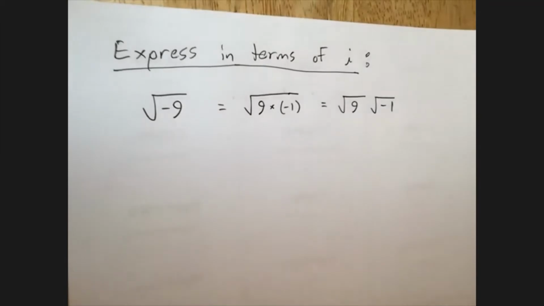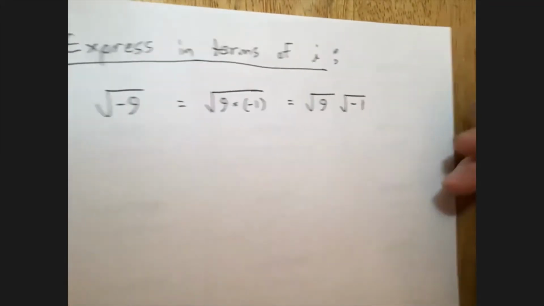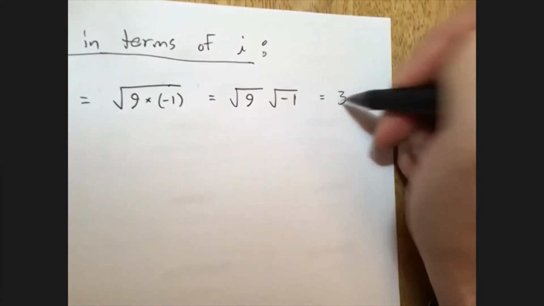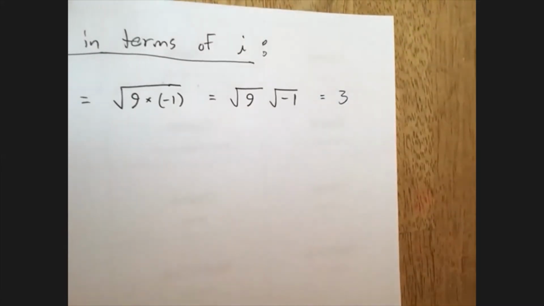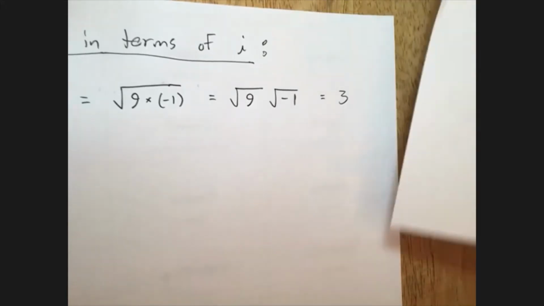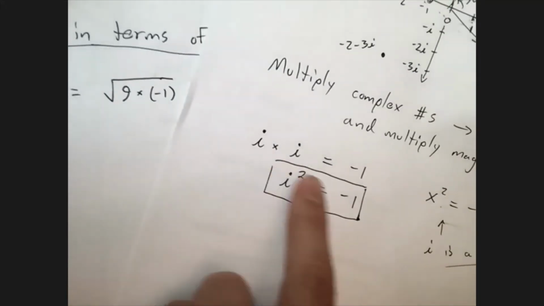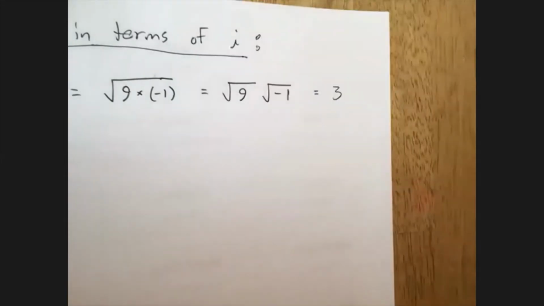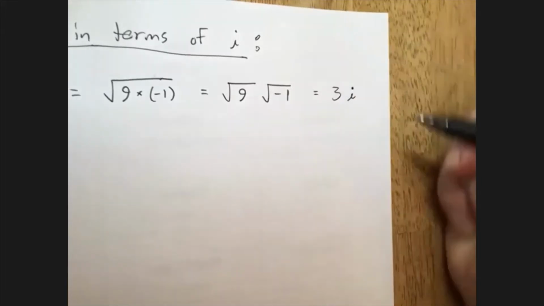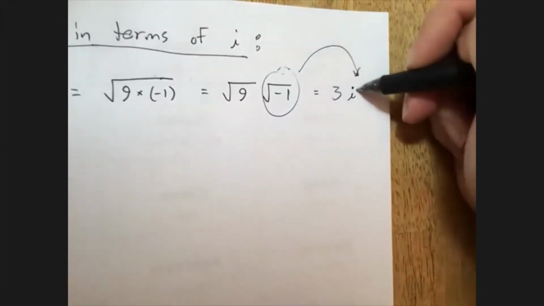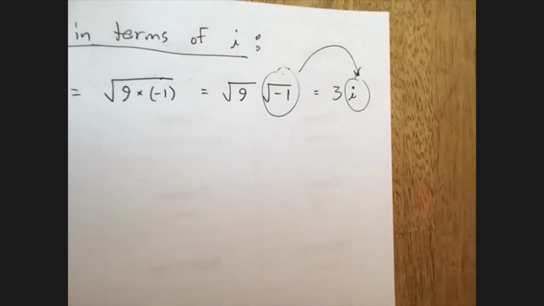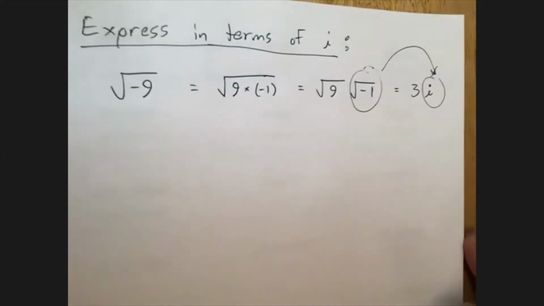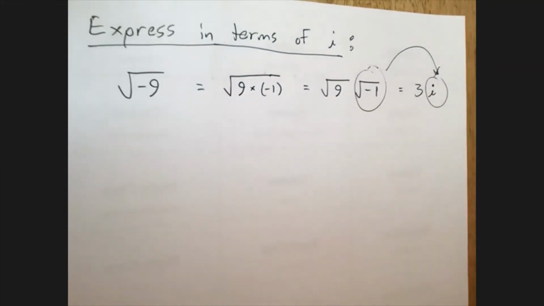So I can write this as root 9 times root negative 1. Well, the square root of 9 is 3. And what's the square root of negative 1? Well, i is that number that when squared gives you negative 1. So we say the square root of negative 1 is i. So this guy becomes i. So that's another way to write down the square root of negative 9.